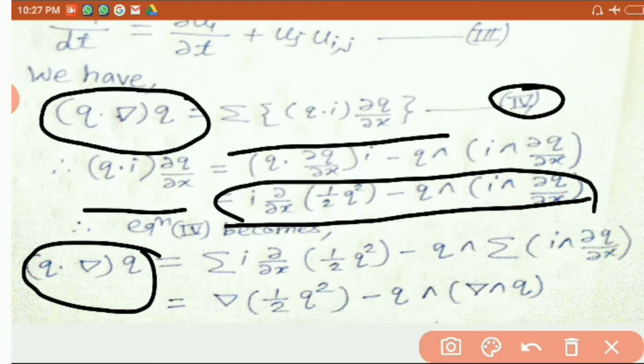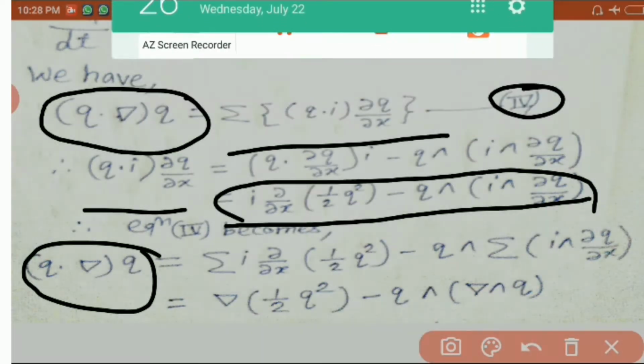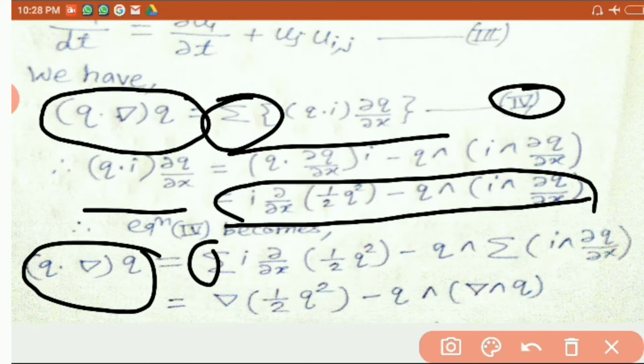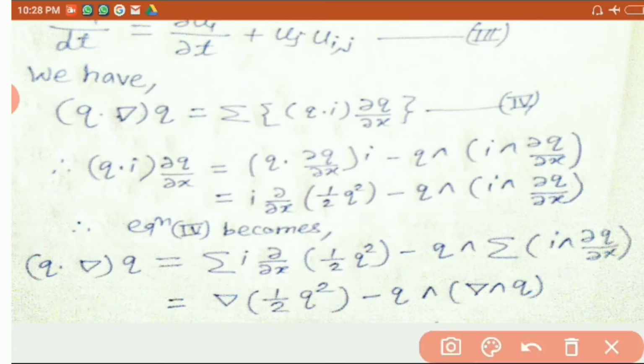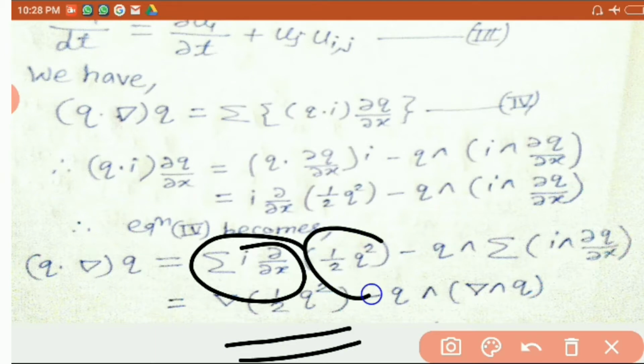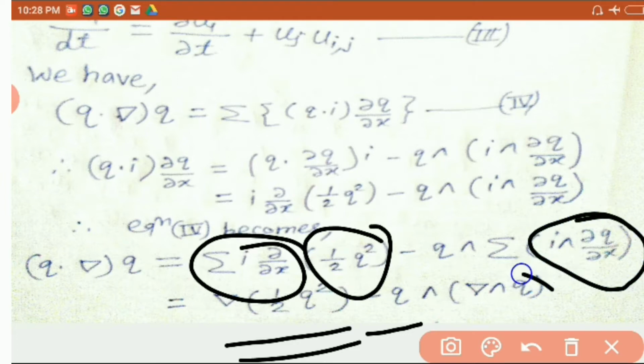So summation as it is, i dou by dou x 1 by 2 q square minus q cross del summation i cross dou q by dou x, and this can be written as del 1 by 2 q square minus q cross, and this can be written as del cross q.